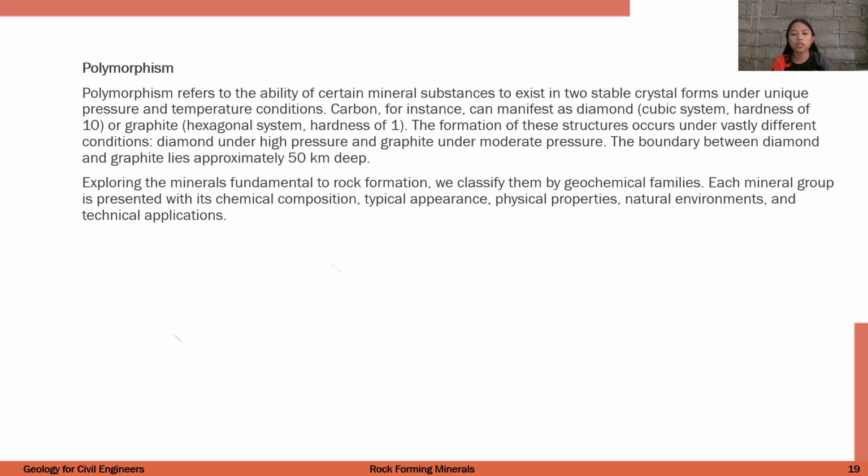And pwede ito magkaroon ng different properties like hardness and color. So, like dito yung example niya, carbon, pwede siya magkaroon ng dalawang polymorph. So, pwede siya mag-manifest as diamond, cubic system, hardness of 10, and yung graphite, hexagonal system, hardness of 1.